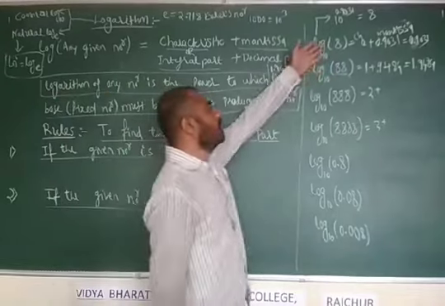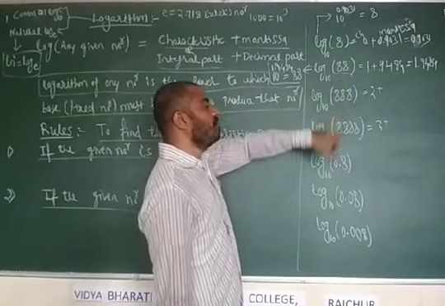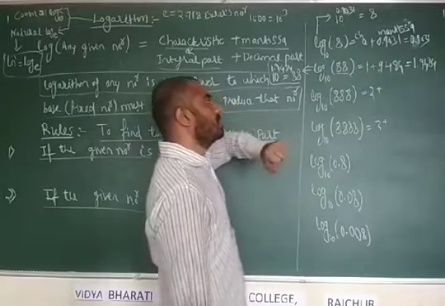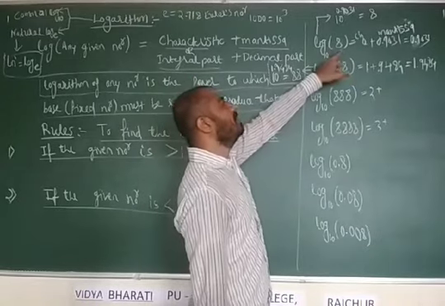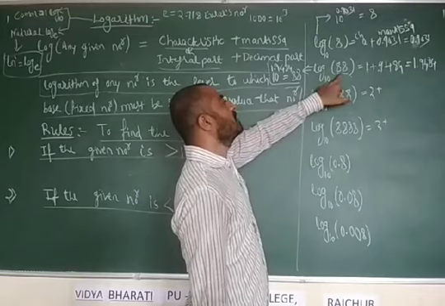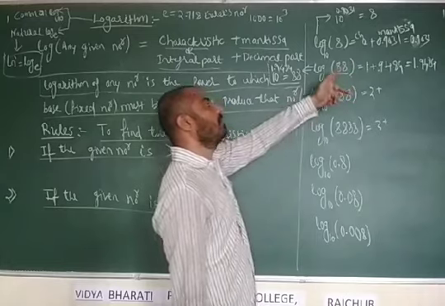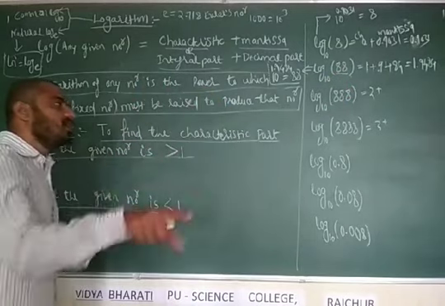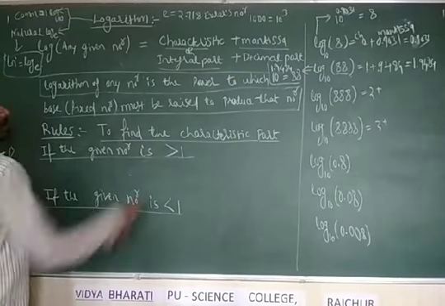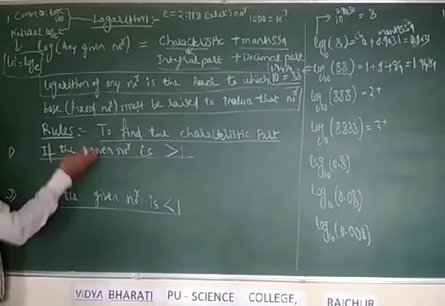In this way, if a given number whose logarithm value is to be found, we need to find its characteristic as well as a mantissa. And if you need to find the characteristic of a given number which is greater than 1, like 8 or 88, which are greater than 1, then what would be its characteristic?